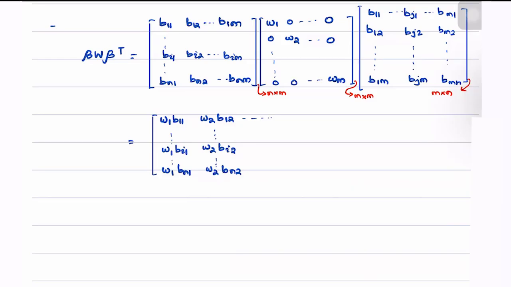Similarly, the last diagonal entry here will simply scale the entries of the last column of B, which will give us WM B1M, WM BIM, and the last entry here would be WM BNM.